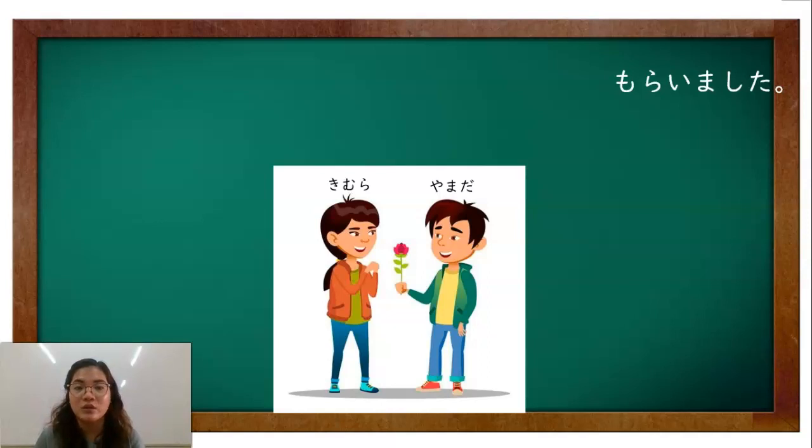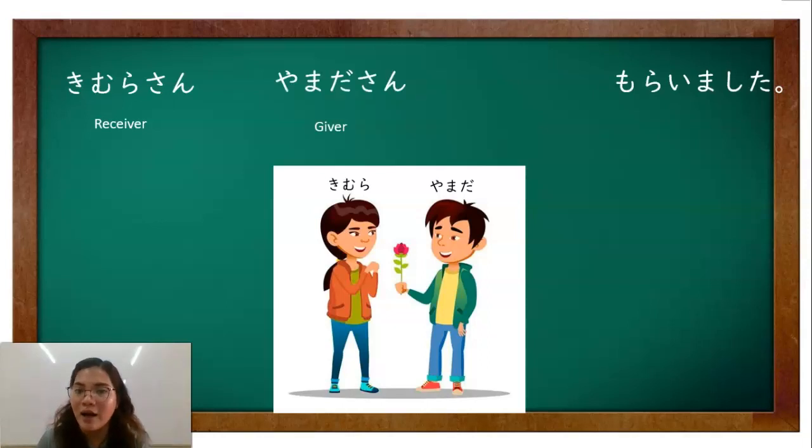So, kung sino yung nakatanggap, siya yung person wa. Siya yung receiver, so that means siya si Kimura-san. Kung sino naman yung nagbigay, siya si Yamada-san. At kung ano yung ibinigay, that is yung bulaklak, in Japanese, hana. So, our particle wa is the receiver, Kimura-san wa.